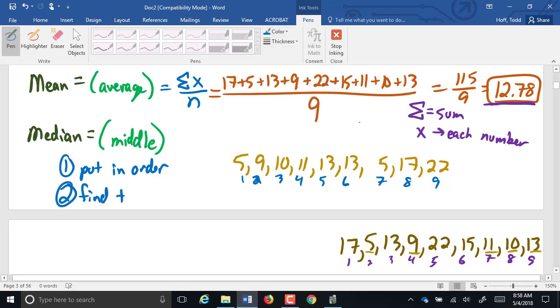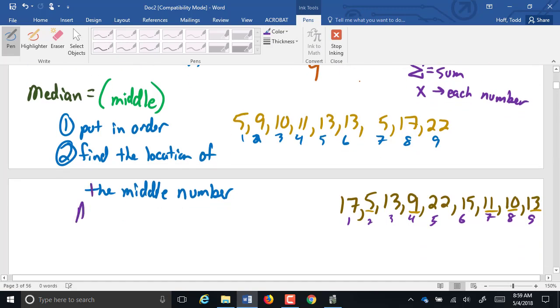Step 2 is to find the location of the middle number. Now, this process can be done one of 2 ways.